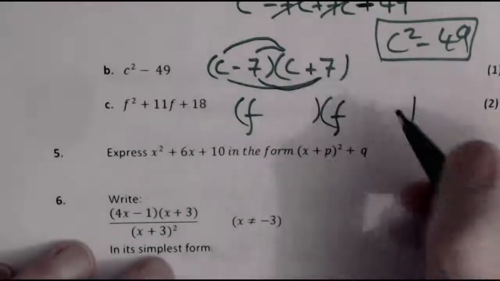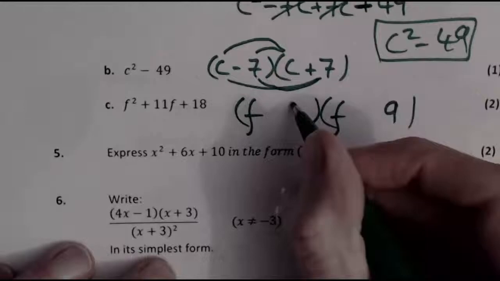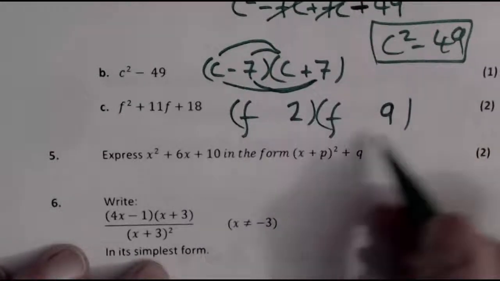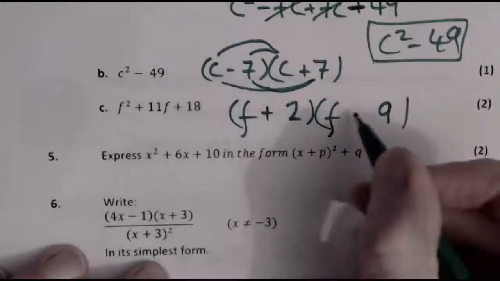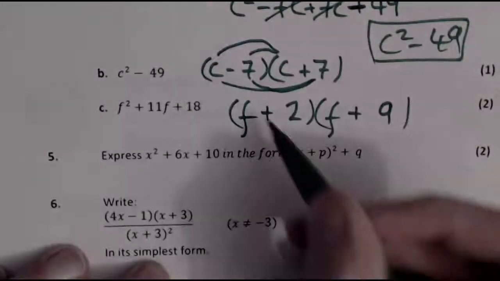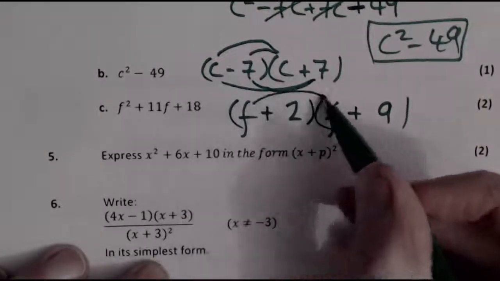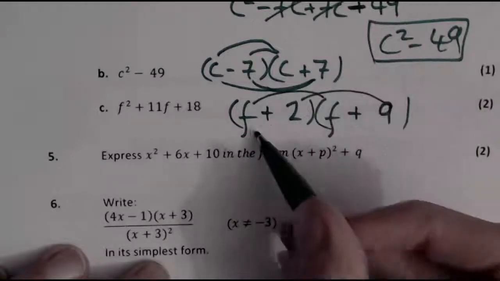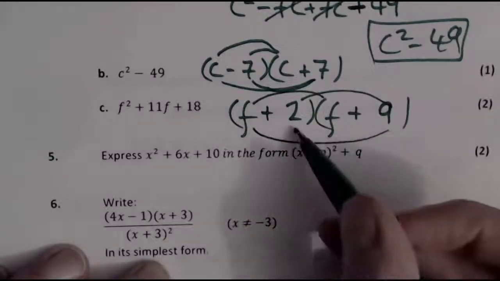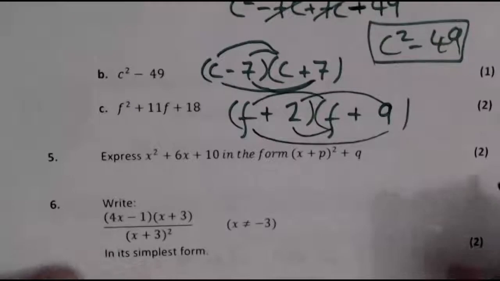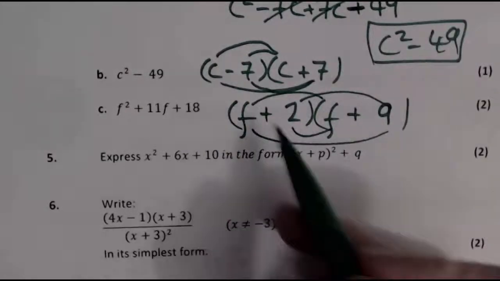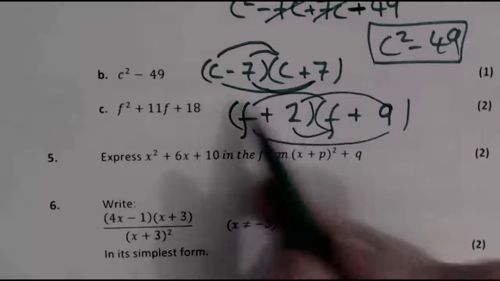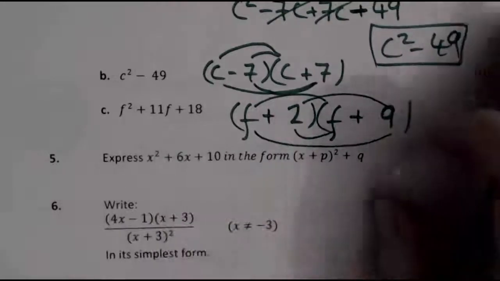So I'm thinking, well, 9 and a 2, multiply them, it gives you 18, but you can also then say, well, if you add them together, it gives you 11. So remember, that would be f squared, that's your 18, that's your 9f plus 2f gives you your 11f. So it's always good, if you've got time obviously, but you probably will do, to then just multiply it back just to make sure it gives you that.